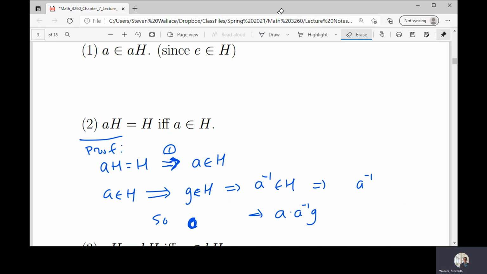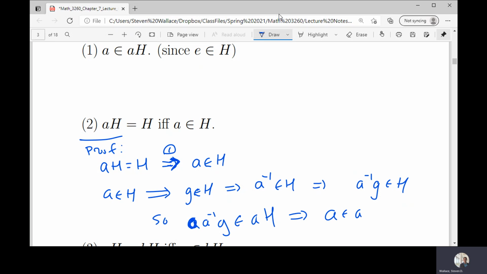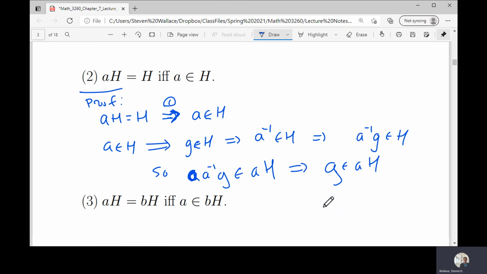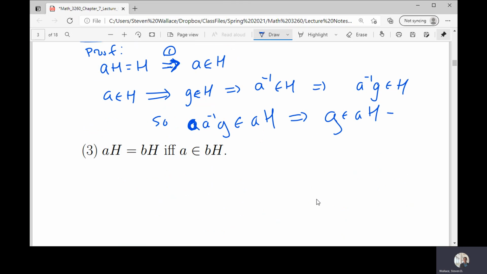A inverse G is in H. So A inverse G is in AH, right? Okay, that means that G is in the coset, which means that H is a subset of the coset.